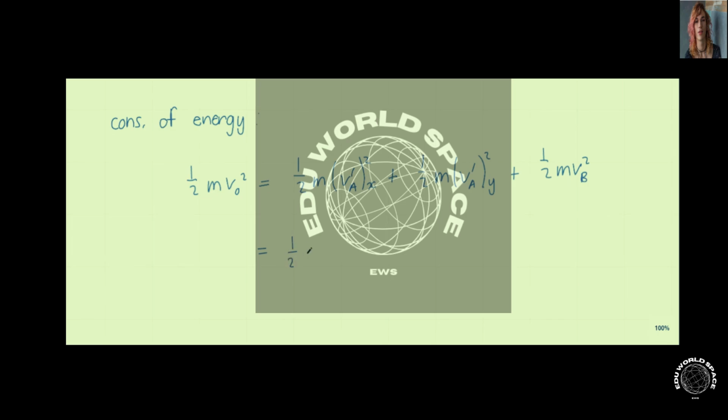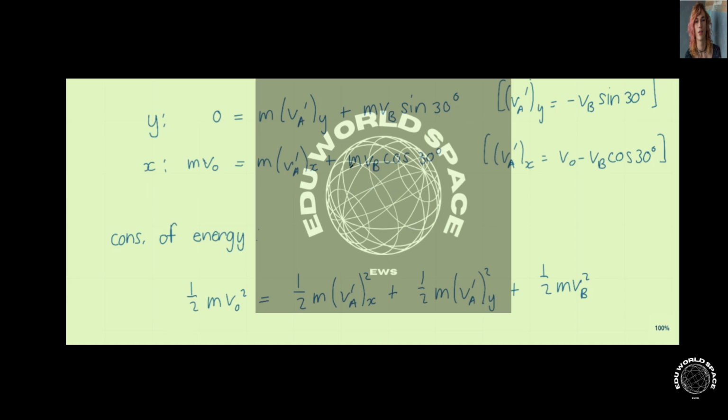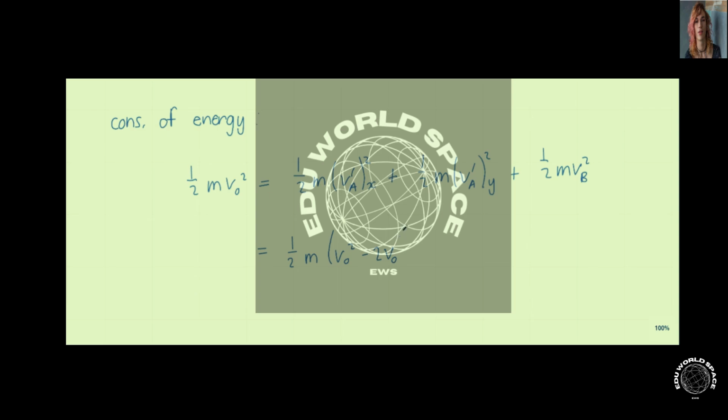If we do a bit of mathematics, we get a half m times v naught squared minus 2 v naught VB cos 30 degrees plus VB squared cos squared of 30 degrees plus VB squared sine squared of 30 degrees plus VB squared.